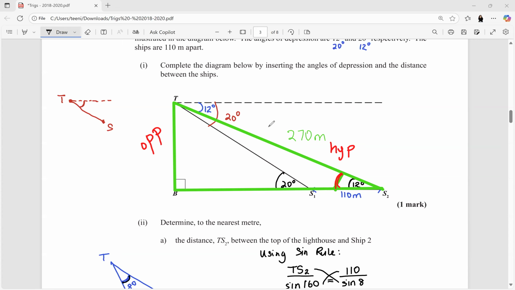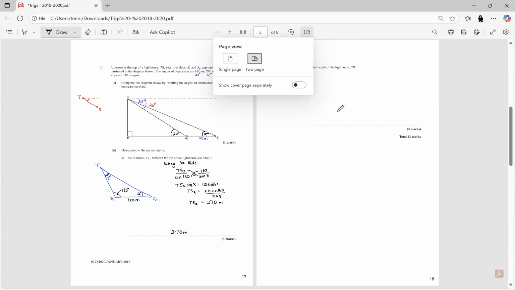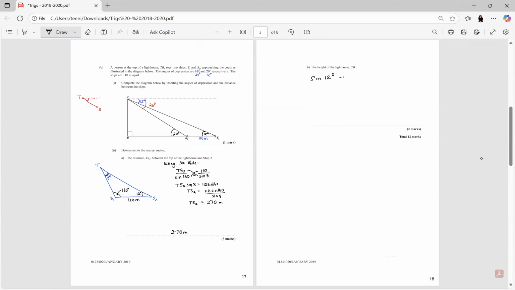When you have the opposite and the hypotenuse, you need to use the sine, right? Sine uses the opposite and the hypotenuse. So that would be sine of 12 degrees is equal to the opposite, which is the side we're trying to find, TB, over the hypotenuse, which is 270 meters.